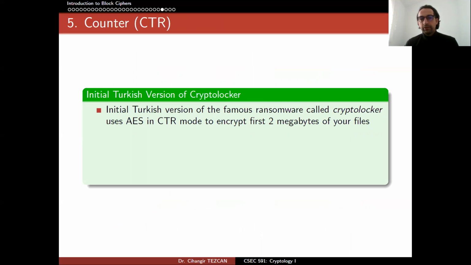The initial version of Cryptolocker, which was a famous ransomware, used AES in the counter mode. What they did was to encrypt the first 2 megabytes of your files, keep the rest the same, but since you lose the first 2 megabytes of your file, you cannot decrypt them. So a ransomware works like this. By probably clicking a link in an email, you actually allow a malware to be downloaded into your system.